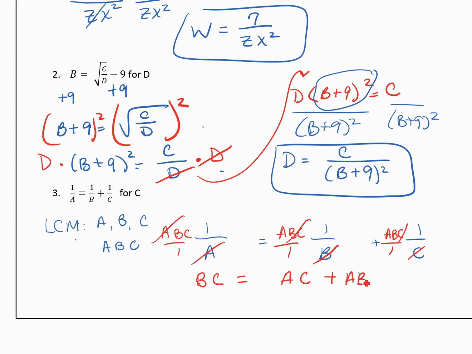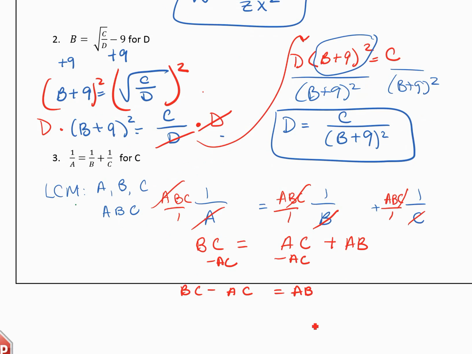Okay, so look back to what we're solving for. We're solving for c, which means we need to get all of the terms with the c on the same side. So we're going to subtract ac from both sides. So that gives us bc minus ac equals ab. Now we have c in both of those terms. What we can do, we're going to factor out the c.